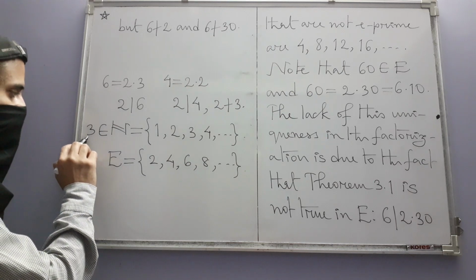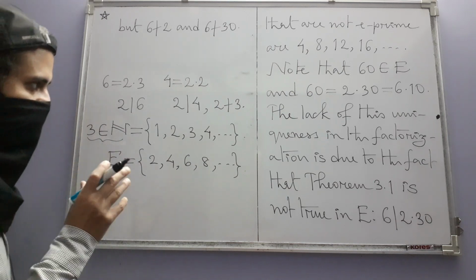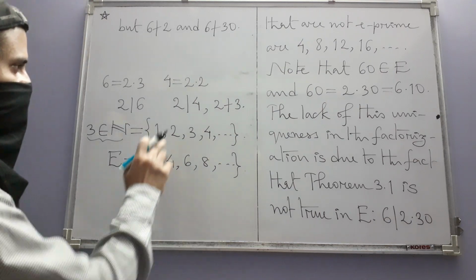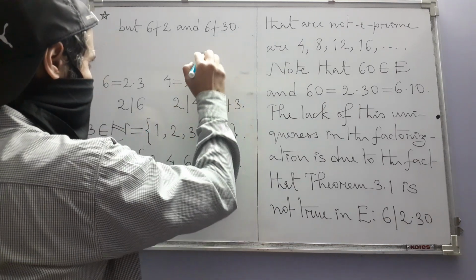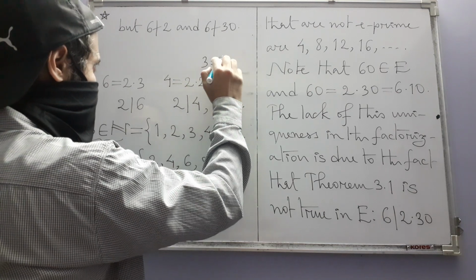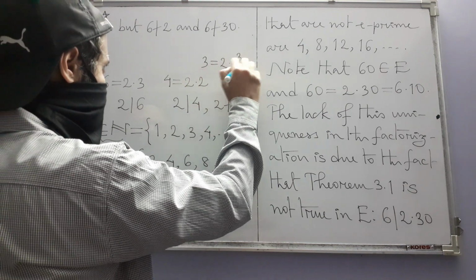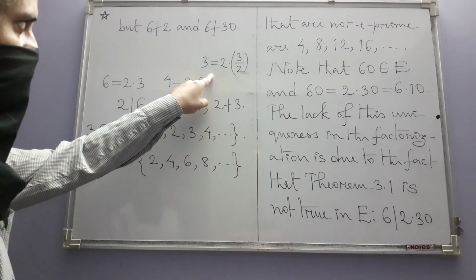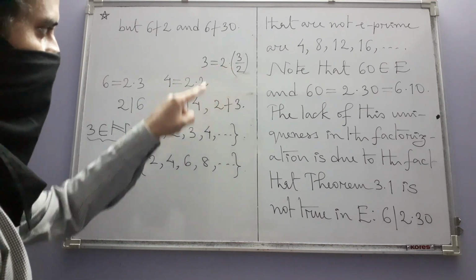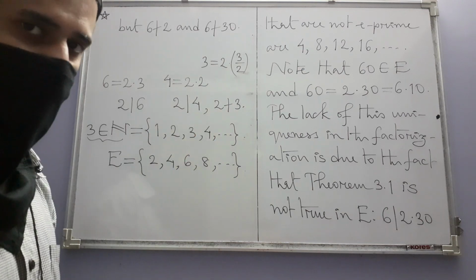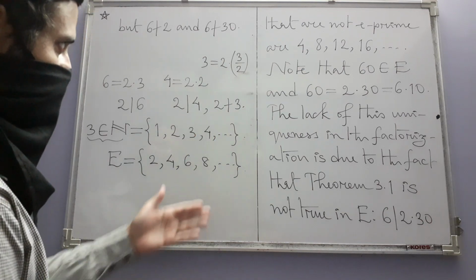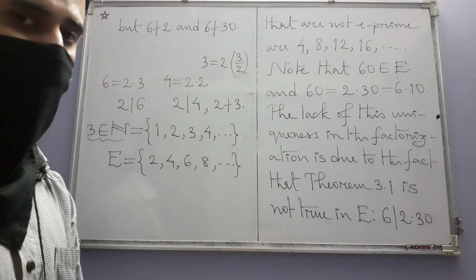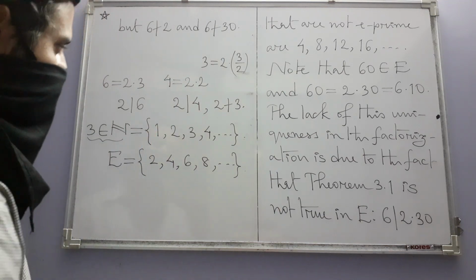Because if you do not have this restriction, then you can just divide anything by anything, because 3 can be written as 2 times 3 over 2. But because of this equation, we do not say that 2 divides 3. And the reason is that this rational number 3 over 2 is not an integer. It does not belong to N.